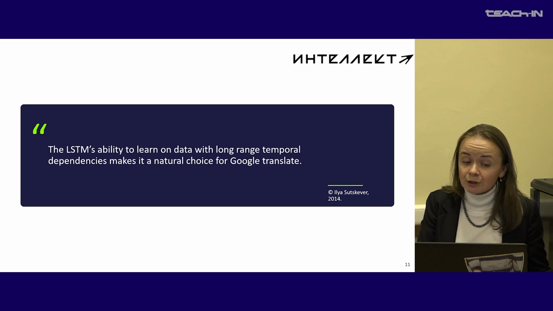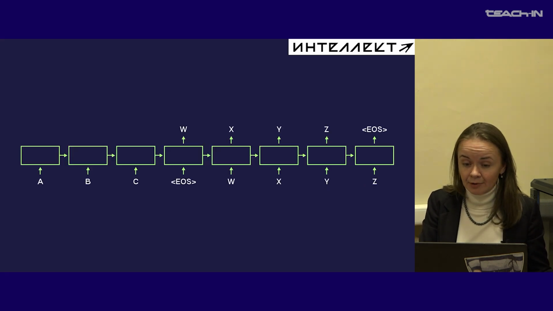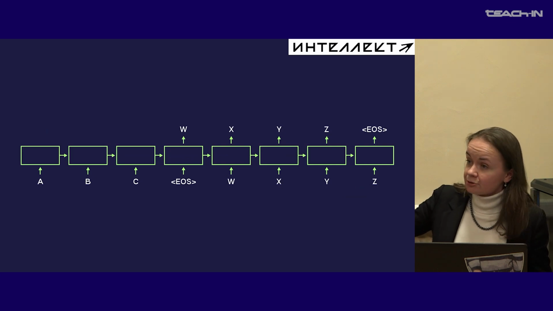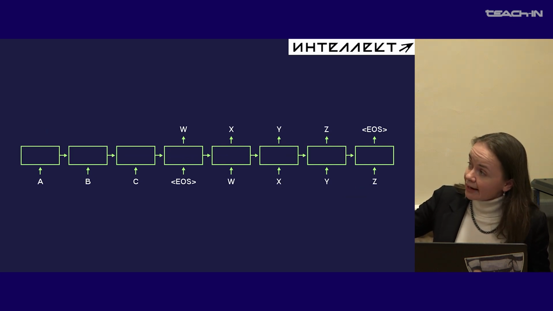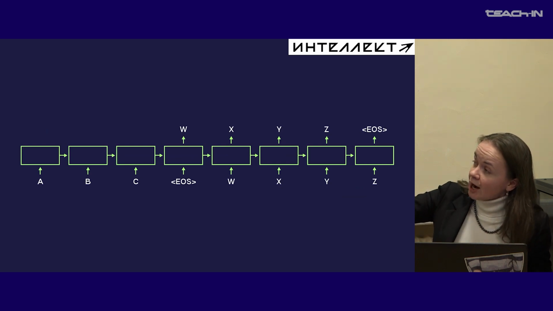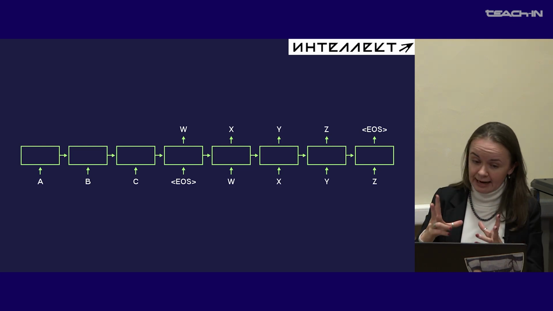So let's look in more detail at LSTM, how it happens. We're still discussing recurrent neural networks here, and this mechanism helps to analyze first the input. So here A, B, C stand for different parts of the whole text.